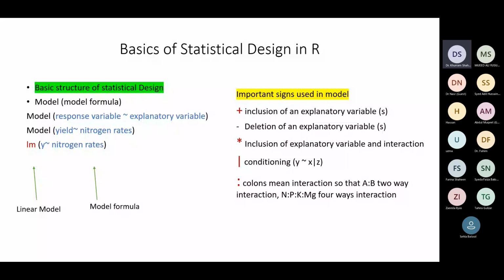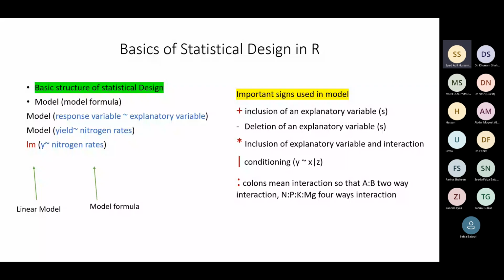Okay, so last one, Sayed Adil Hussain Shah sir. Can you quickly repeat what you have learned from the 3 slides about statistical analysis in R? Yes, sir. I have learned about the basics of statistical design. First, we have to describe the model, then the model formula.